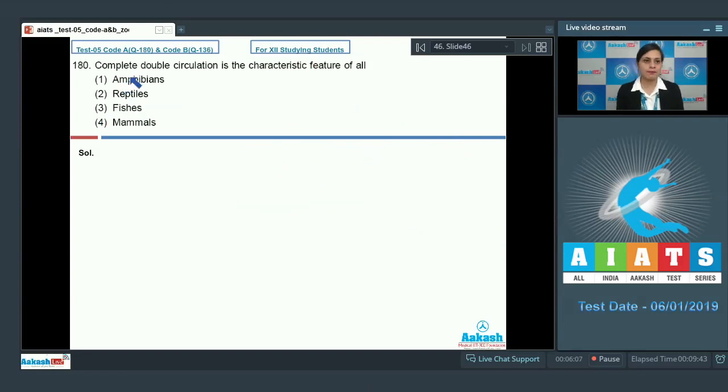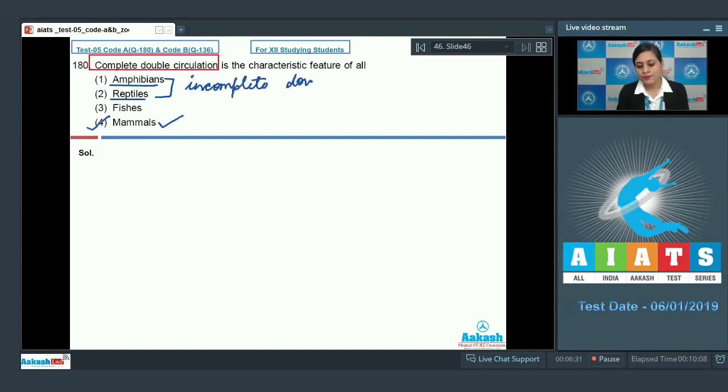Question number 180. Complete double circulation is the characteristic feature of all. And we know that complete double circulation is a characteristic feature of all mammals. So correct answer is option number 4. On the other hand, the very first option, amphibians, and second option, reptiles, have incomplete double circulation.